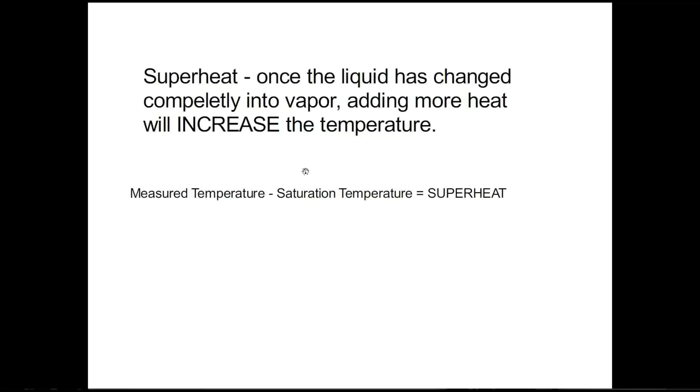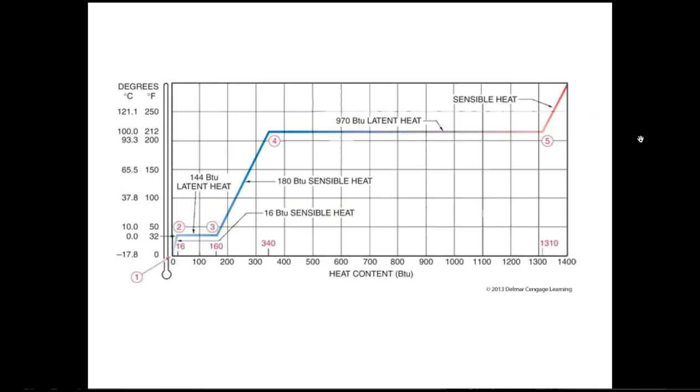So if you measure the temperature of your refrigerant or water, and you subtract the saturation temperature from it, what is remaining is the superheat, and this is when it's in the vapor form. Now, this has a lot to do with refrigeration troubleshooting, which we'll get into in another webinar, but superheat and subcooling are important.